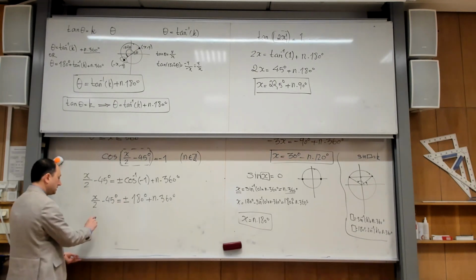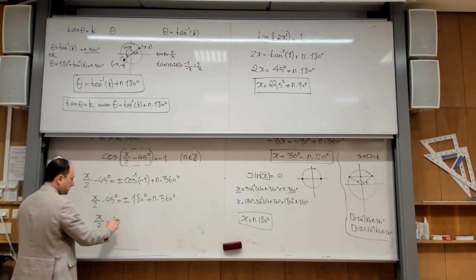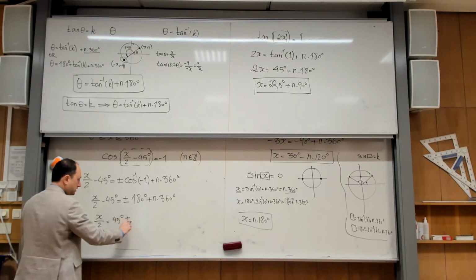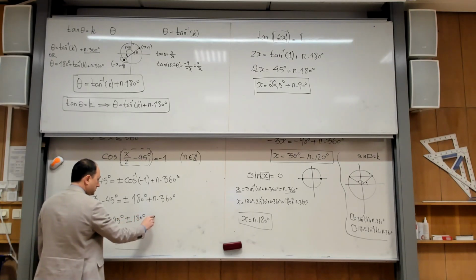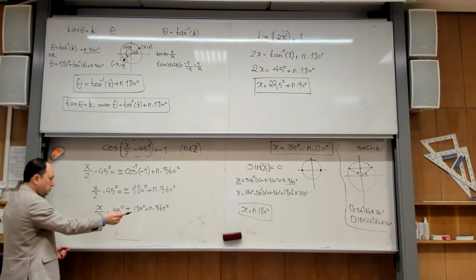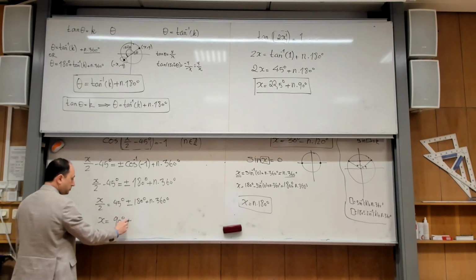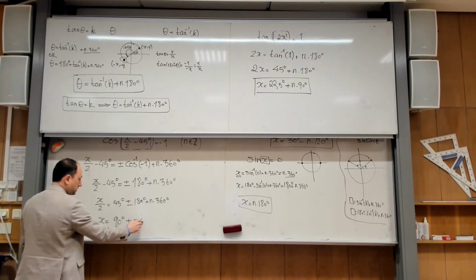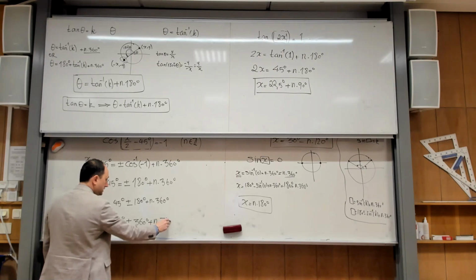So x over 2 becomes, I move minus 45 to the other side, but there is a plus or minus sign left, and there is 180 degrees plus n times 360 degrees. If you want, you can also multiply everything by 2. So this becomes 90, this becomes plus or minus 360 degrees, and then finally, this becomes n times 720 degrees.